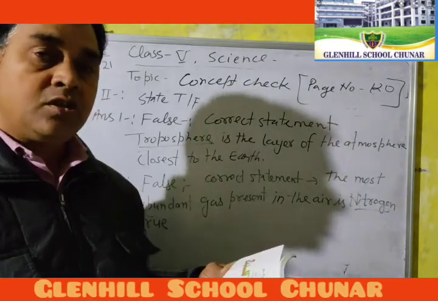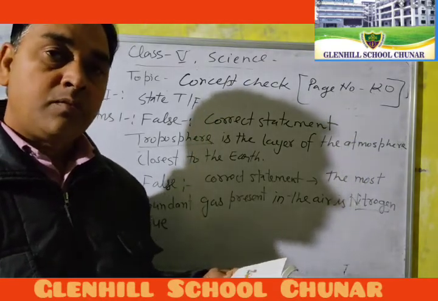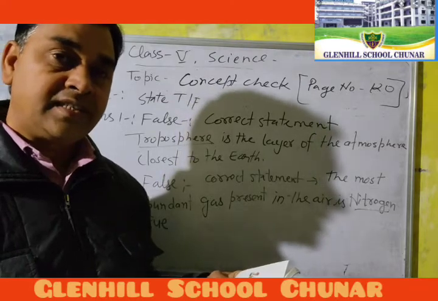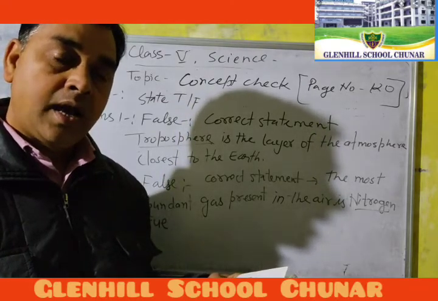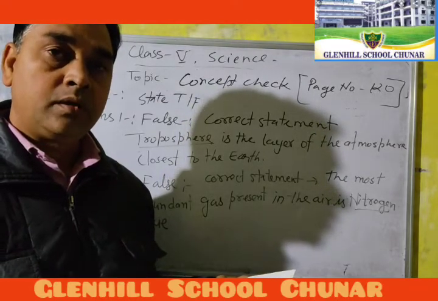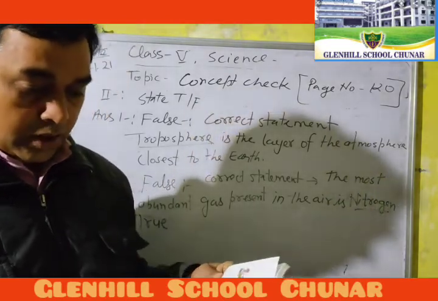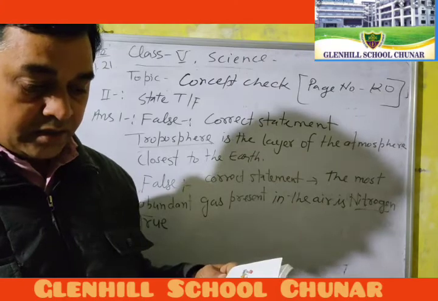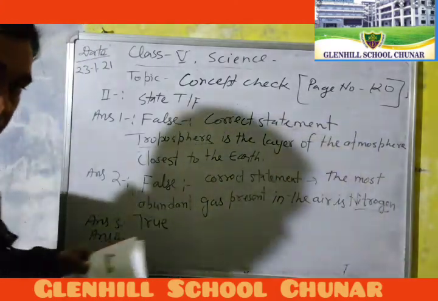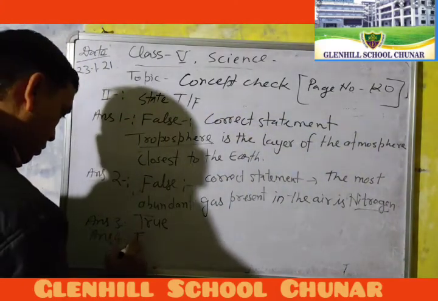We take in oxygen which dissolves in our blood, goes to the cells and tissues and breaks down the food into simpler form and provides energy. So oxygen is needed to release energy from food. This is called respiration. True.